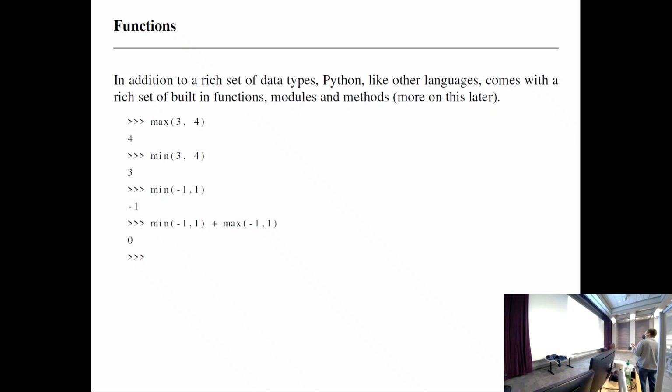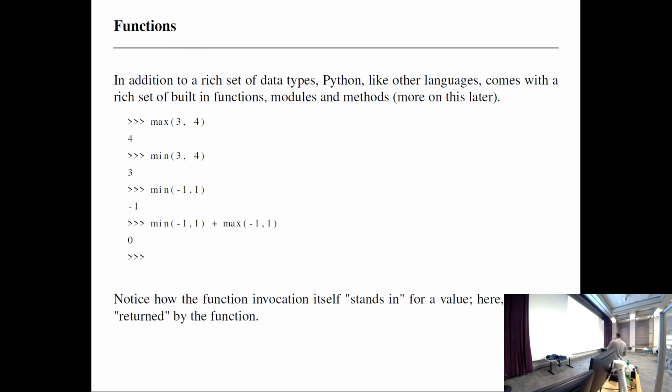And then the read eval print loop takes that result and by magic turns it into a printed representation. So function evaluation is kind of the fundamental thing we do in Python. We will be defining new functions, and we will be invoking those functions to compute new stuff. Some of these functions, like max and min, will be built in. Others will be functions we ourselves will define.